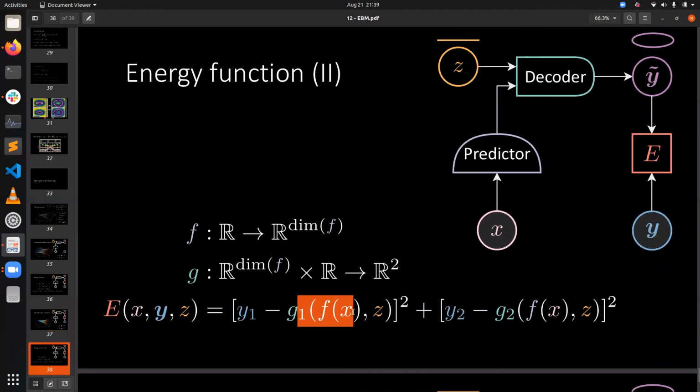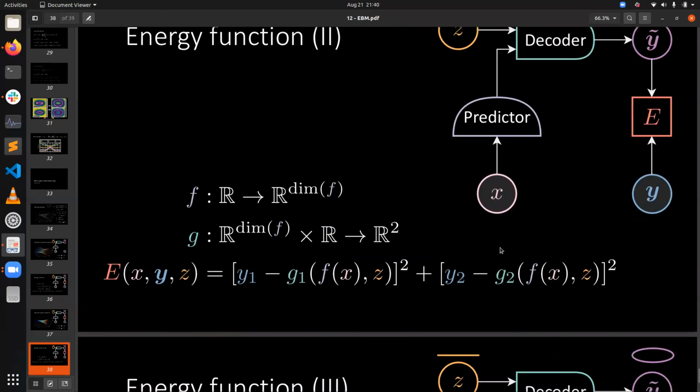I don't exactly understand this equation, but that's what it says. In reality, we have to learn the shape of z, so we have a new function g which takes in both the actual predictor neural network and the value of the latent variable z as well.